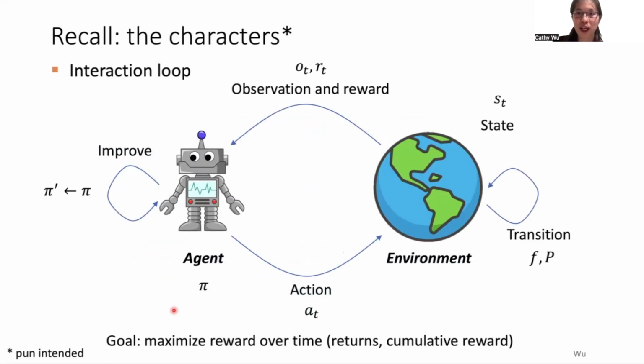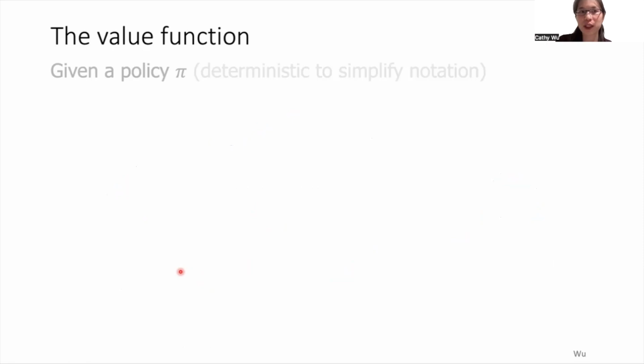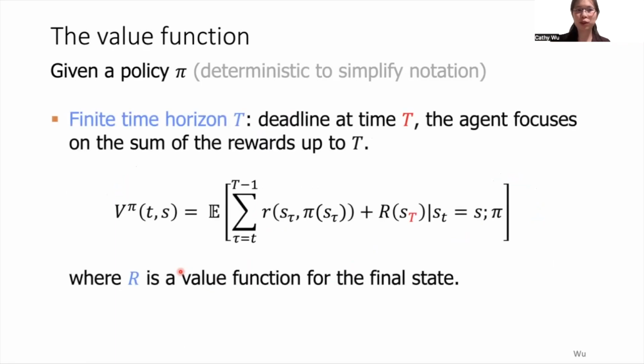So here's the picture again of the notation and the characters. We have talked about the Markov decision process piece, the MDP piece. Now we're going to talk about what we expect from the agent piece. We already talked about this a little bit. Here I'm going to give a slightly more general form. Given a policy, this policy is what is making the decisions.